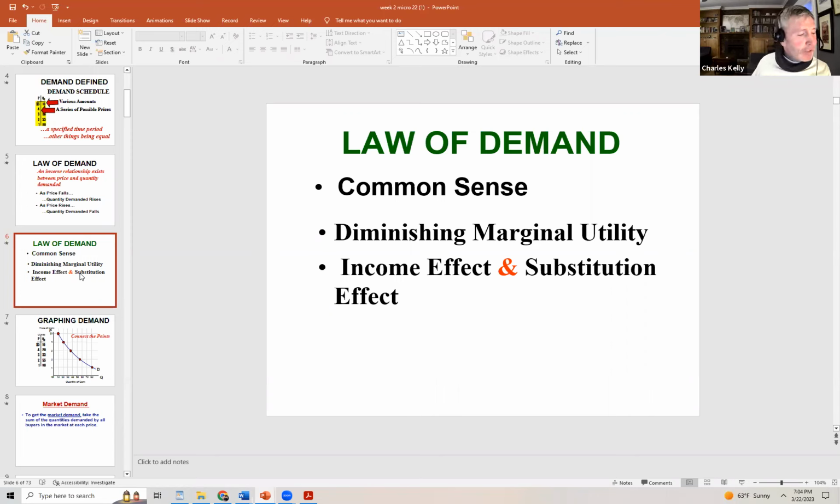Now, if there's a reasonable substitute, like, okay, I was going to go buy turkey, but I was also going to buy some roast beef. Well, if the price of turkey declines and the price of roast beef hasn't, you might be apt to substitute in a little bit more of that because of the change in price. So for these reasons, we call this the law of demand.